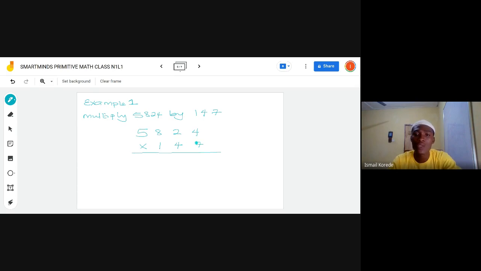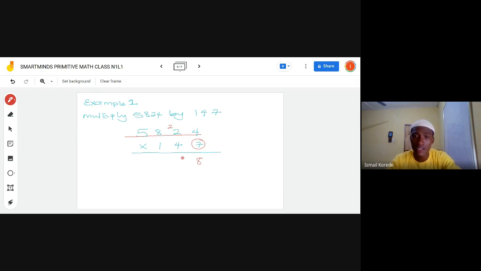So we are going to start with the units. We use the units here to multiply all through everything here. So 7 times 4 gives 28. So we write 8 and we carry 2 to the next digit. Then 7 times 2 gives 14. Then 14 plus 2, that's 16.